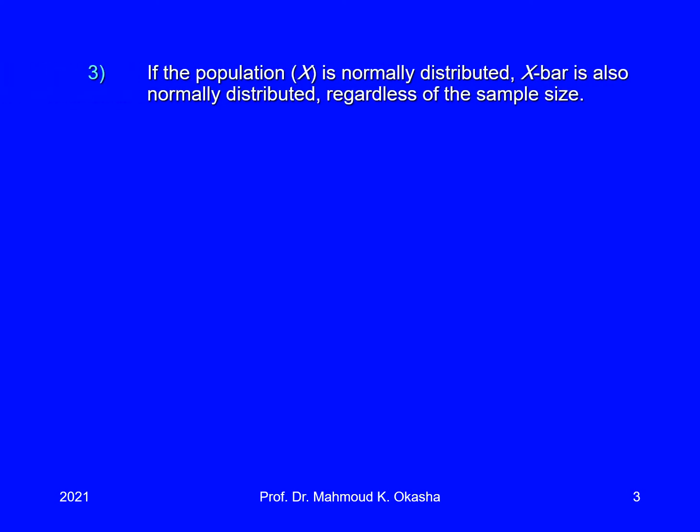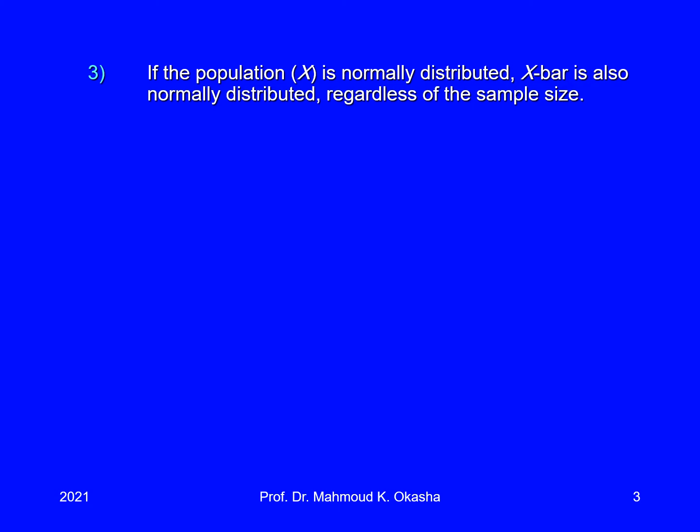The third thing which finishes the definition of the sampling distribution is the shape of the distribution. To describe the shape more exactly, we say theoretically that if the population X, the original population from which we draw the sample, is normally distributed, then X bar is also normally distributed.